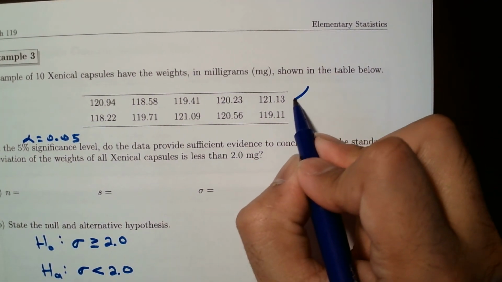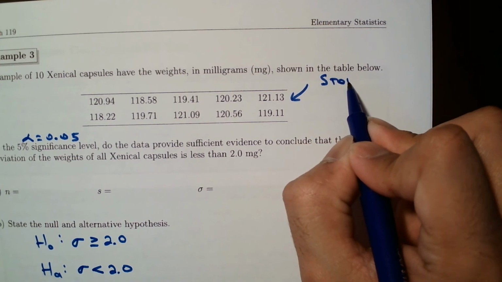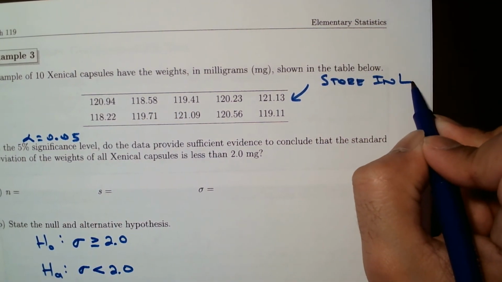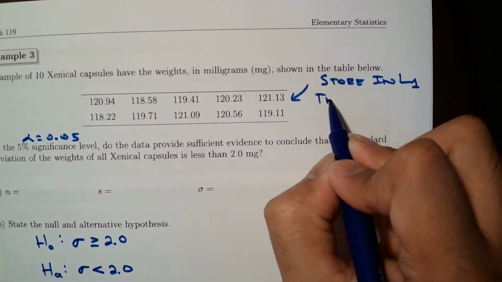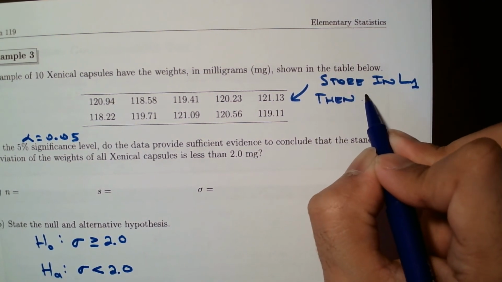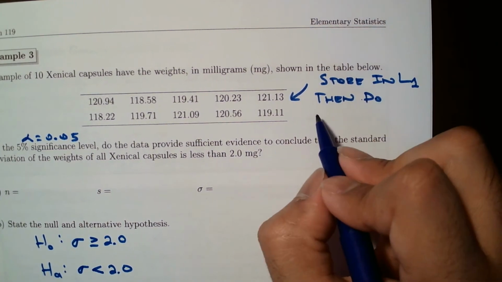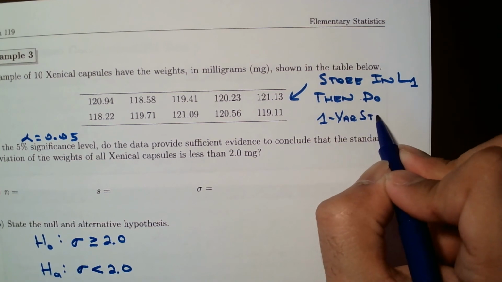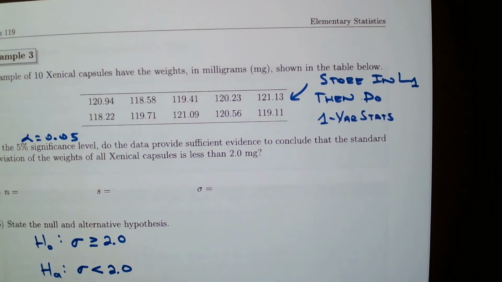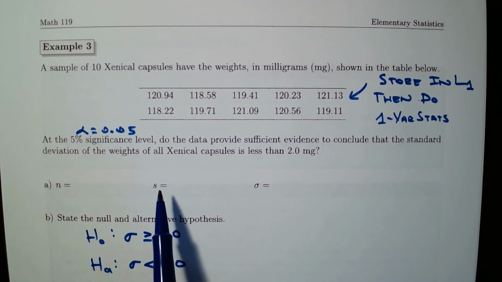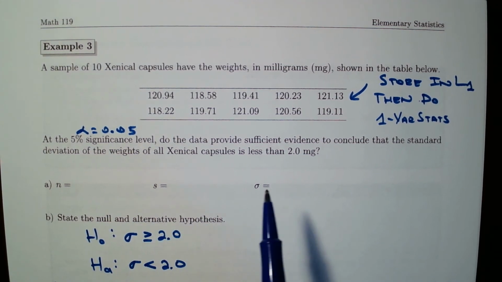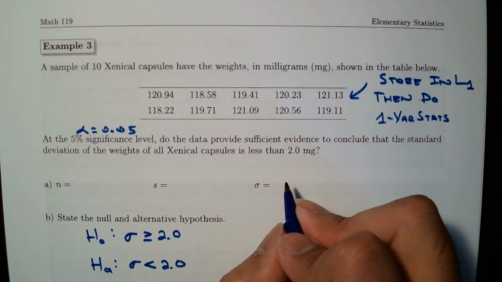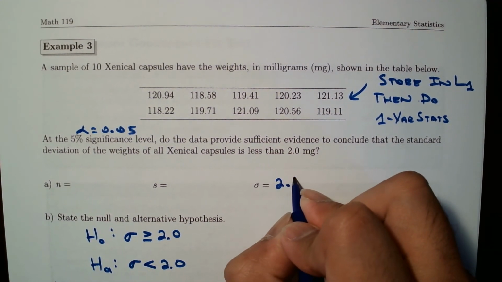So we are going to store the data in L1 in our calculator, then do one-var stats to get the standard deviation of the sample only, because the one from the population is given, it's 2.0.